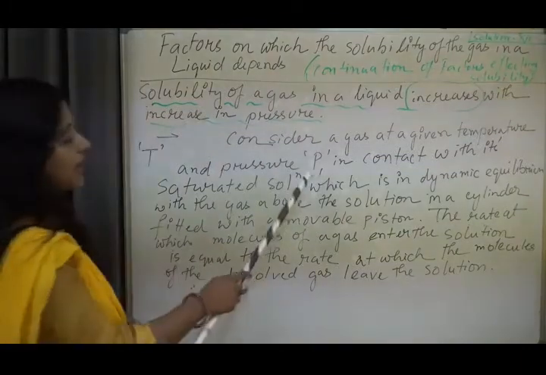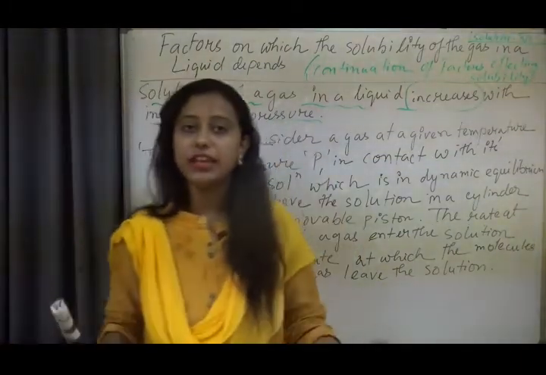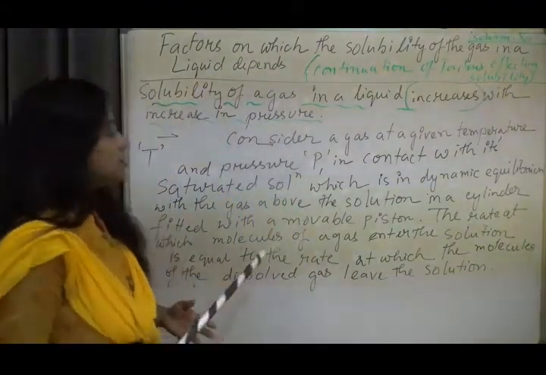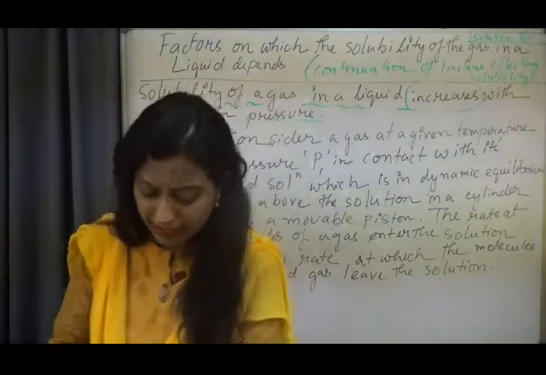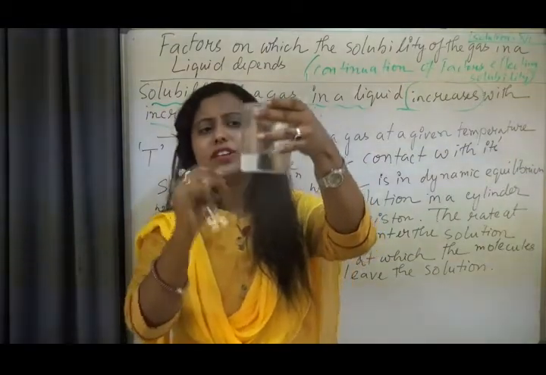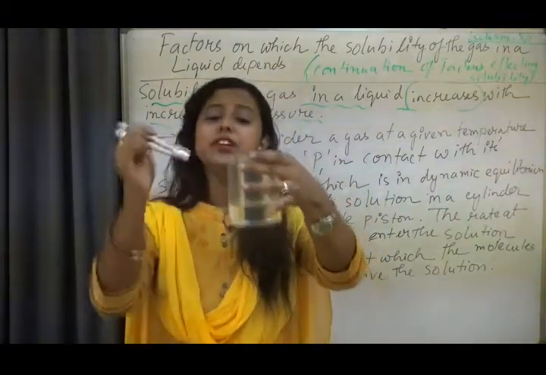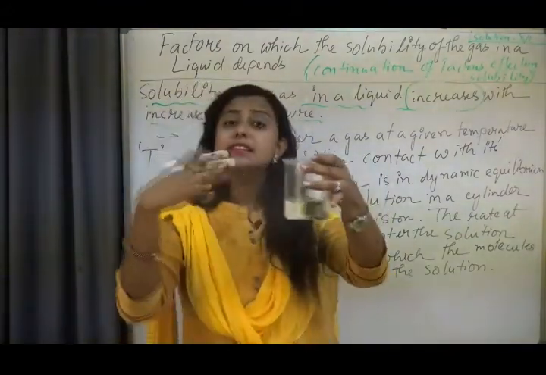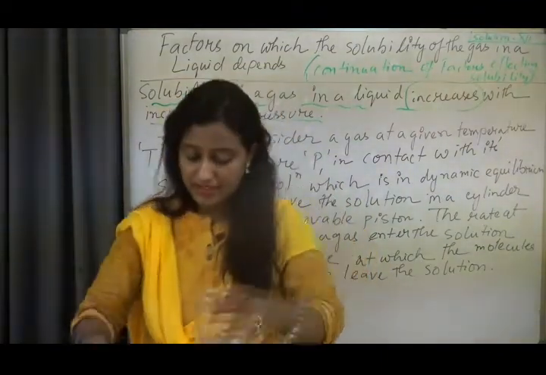Here, the first pressure which I have applied is P1. When P1 is applied, the gases start to liquefy. So the rate of dissolution of this gas, assuming some gas is liquefied, at P1 is equal to the rate of the gas leaving the vessel.